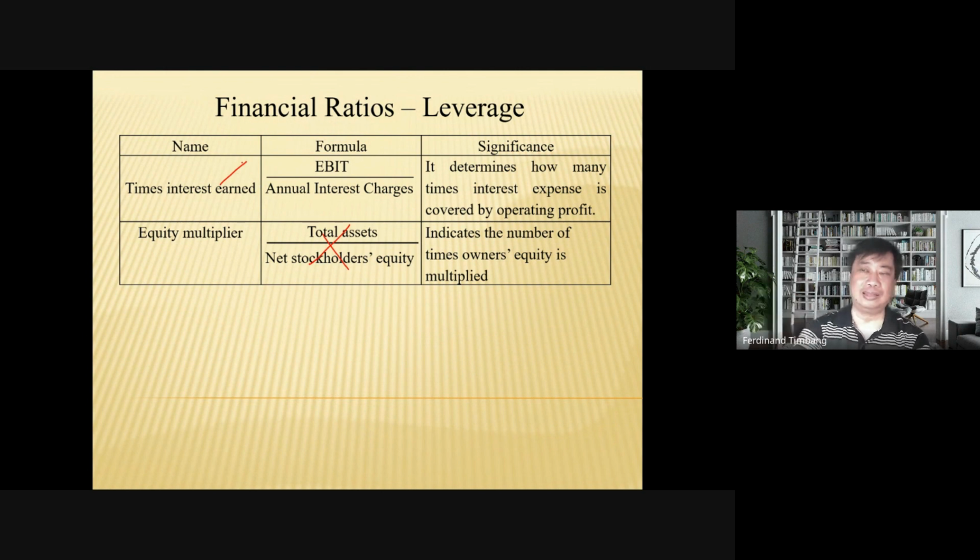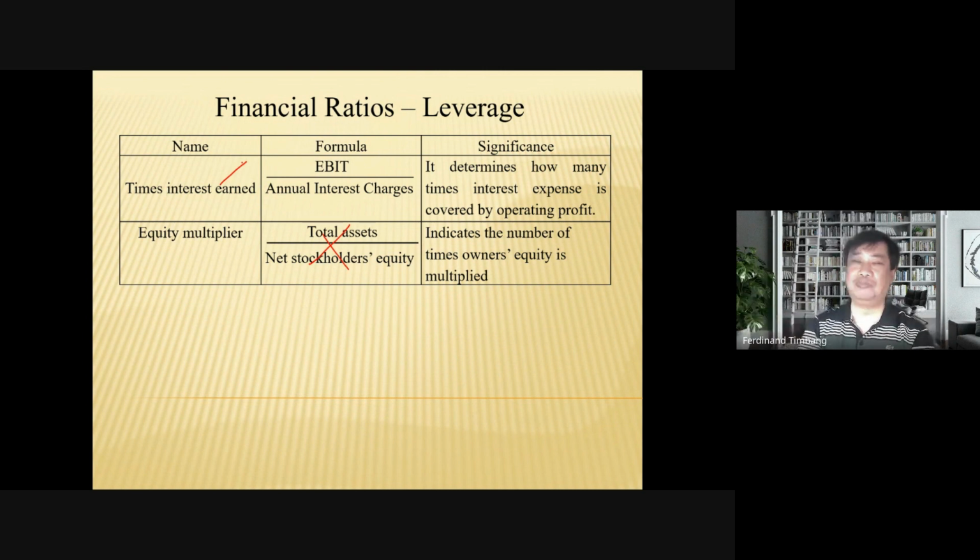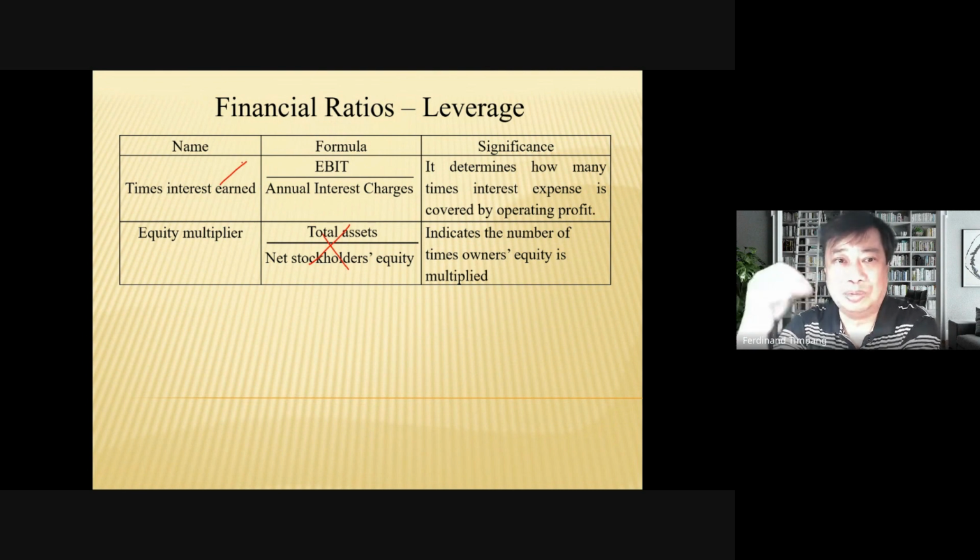The higher the times interest earned ratio, the better, because that shows your capacity to borrow more. It shows how much more money you can borrow. It simply means how many times you can pay the interest expense. Of course, the more times you can pay, the better.